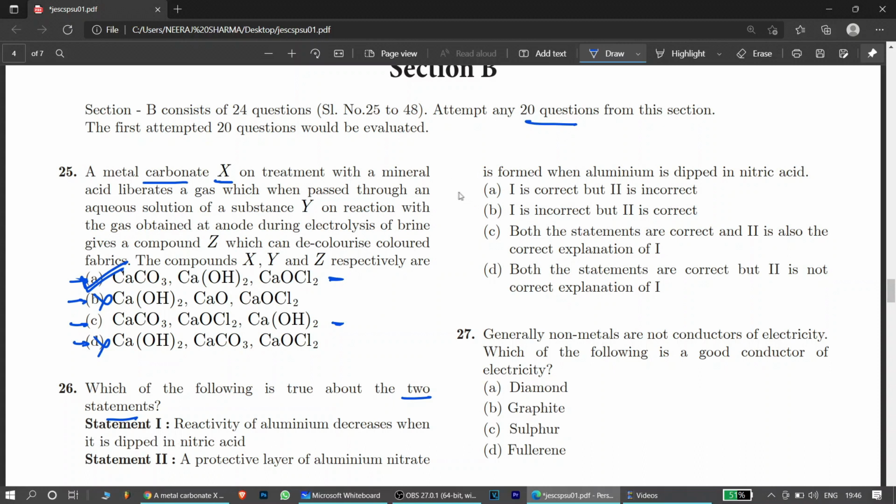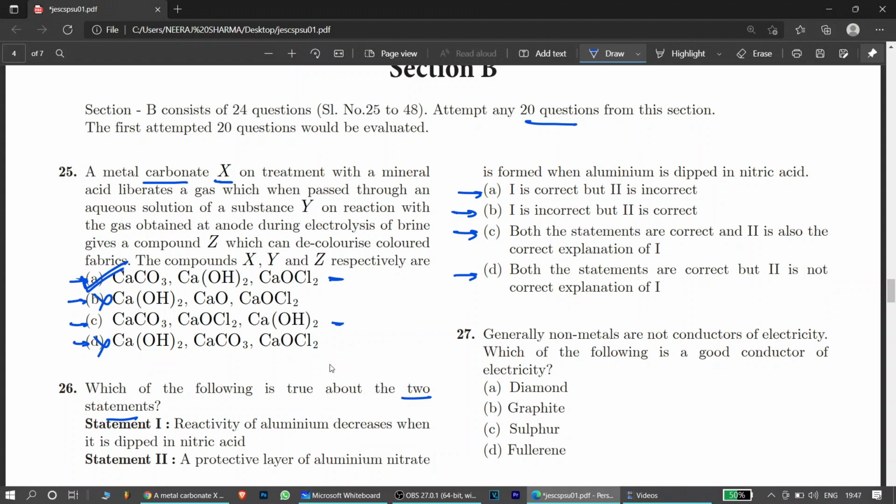A: first is correct but second is wrong. B: first is incorrect but second is correct. C: both the statements are correct and second is the correct explanation of first. D: both the statements are correct but second is not the correct explanation of first. When nitric acid and aluminium are reacted, right?